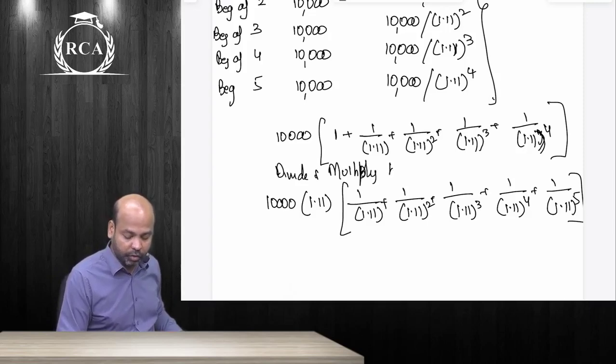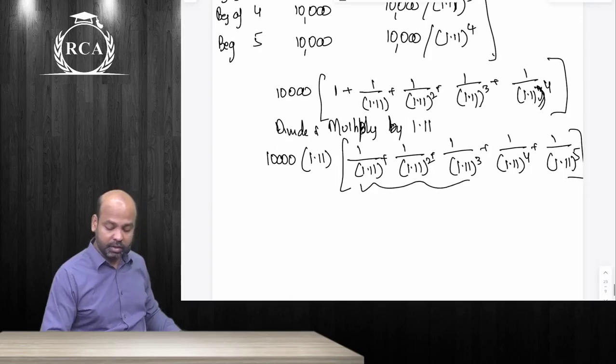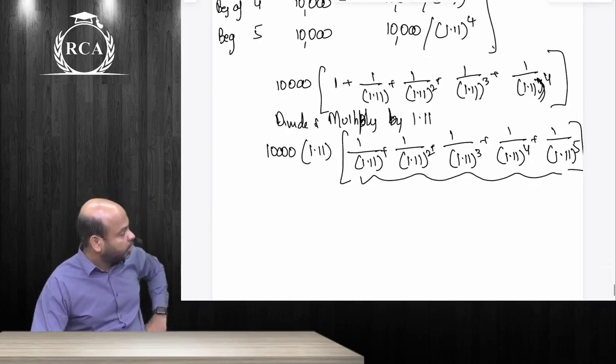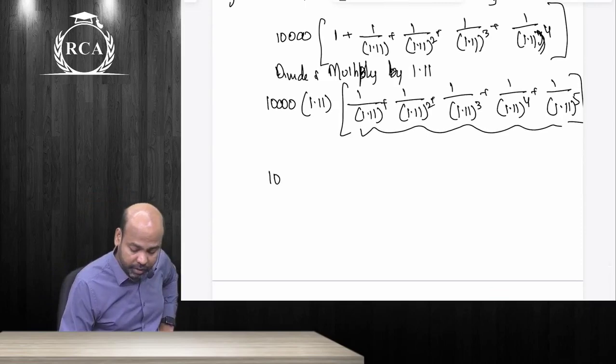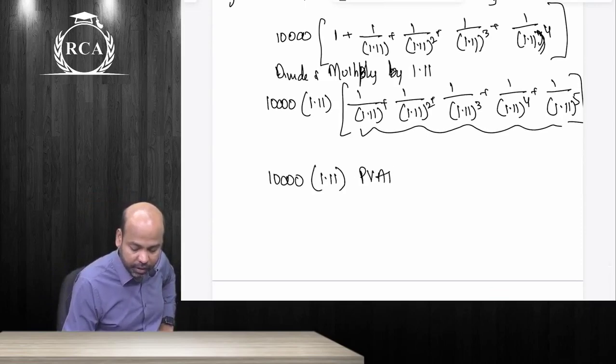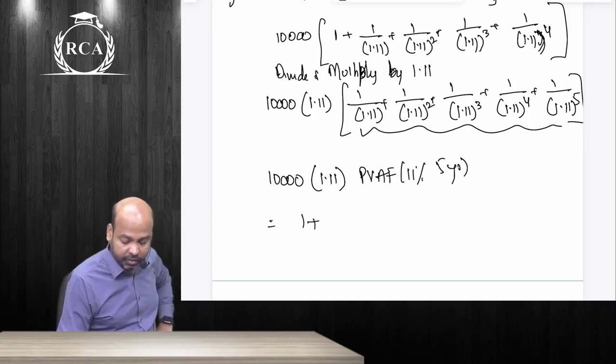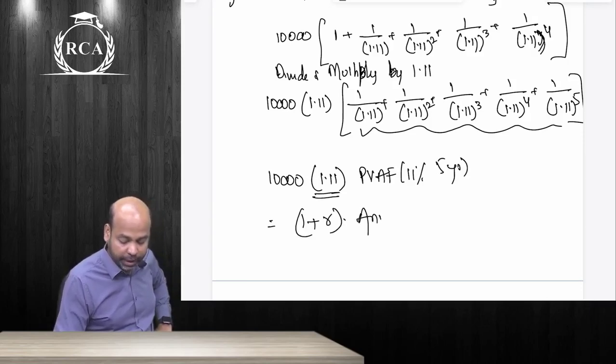So once you do that, what will this become? Present value annuity factor. So that is 10,000 into 1.11 into present value annuity factor at 11% for 5 years. I can write that as (1 plus R), where R is the rate of interest, into annuity amount into present value annuity factor.